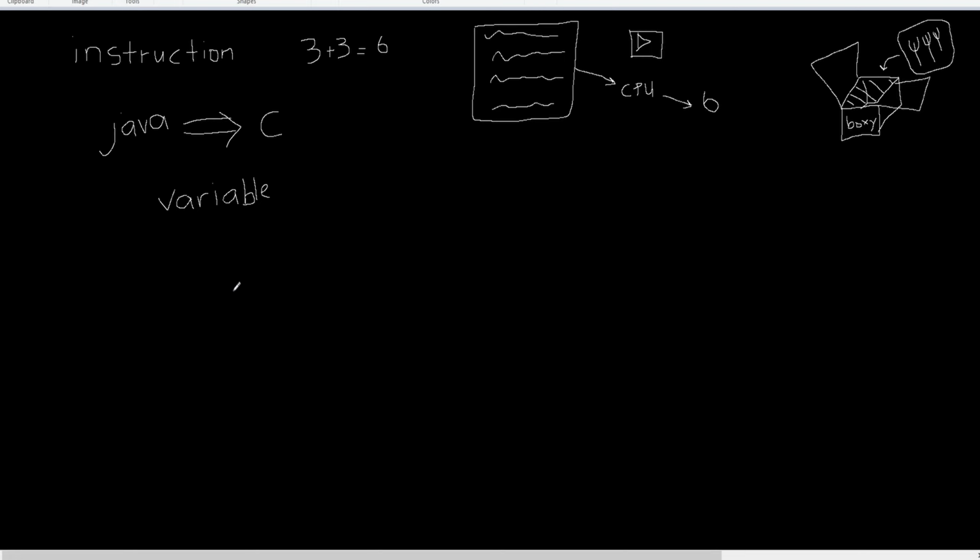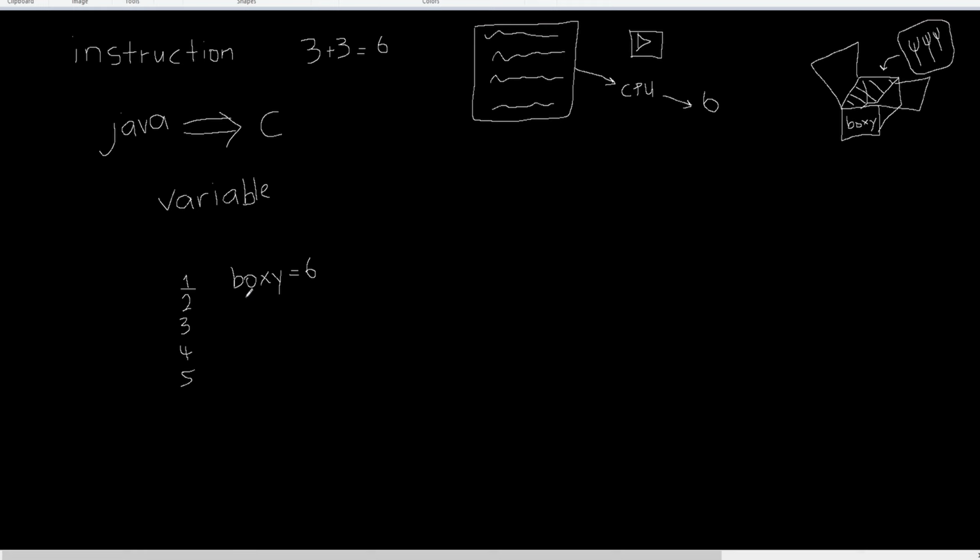We can actually have a variable, so I'm going to write for you a line of code. And generally, if you had some sort of environment set up, the lines would be labeled like this. I'm going to say Boxy equals 6. What does that mean? We have a thing.